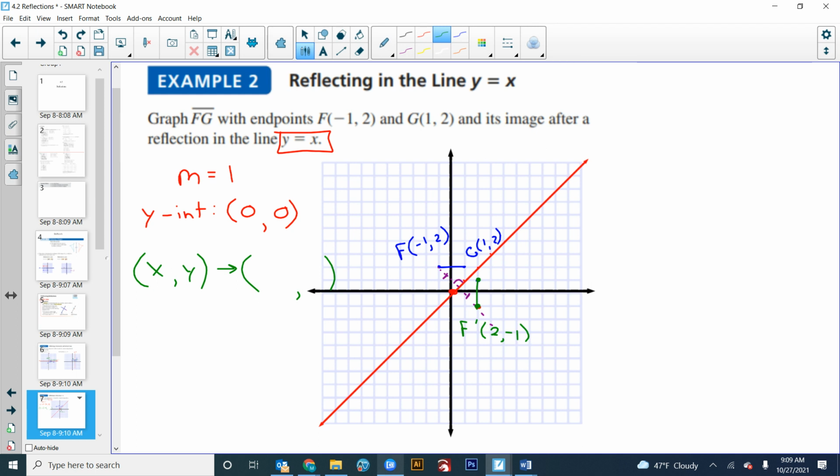What did we do to get from x, y? Switch them. Not sign, not positive, negative. The physical position of x and y, didn't we? So what is it now? y, comma, x. What was once the y is now the x, and what was once the x is now the y for the new one. This is the rule for y equals x reflection.